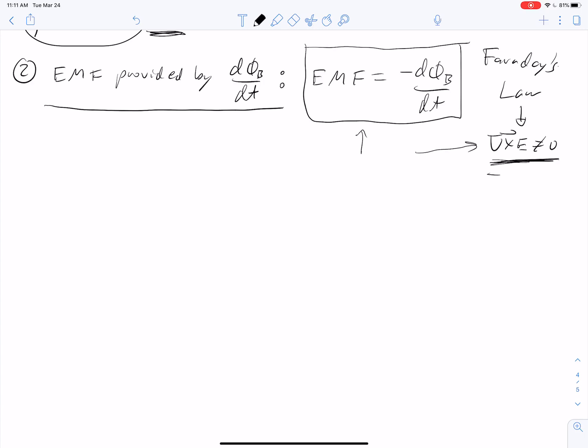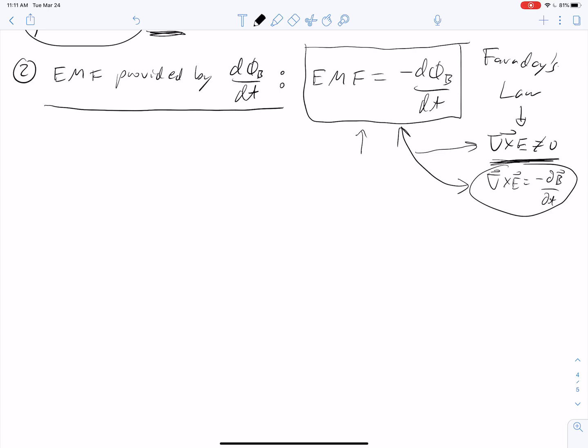Basically what we're going to derive is that del cross E is equal to negative dB dt. These two relationships are equivalent. These are two equivalent ways of writing Faraday's law. This is what we want to derive, and this is the big thing that we want to do right now. So let's derive this.